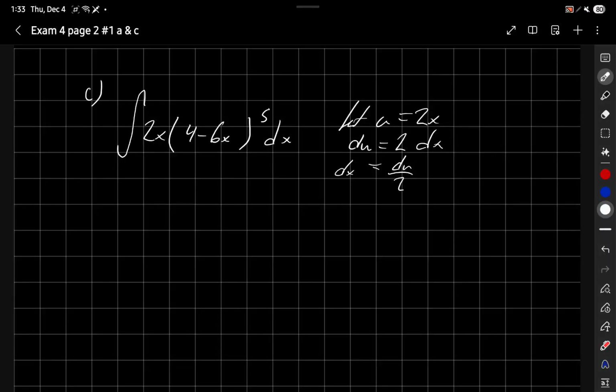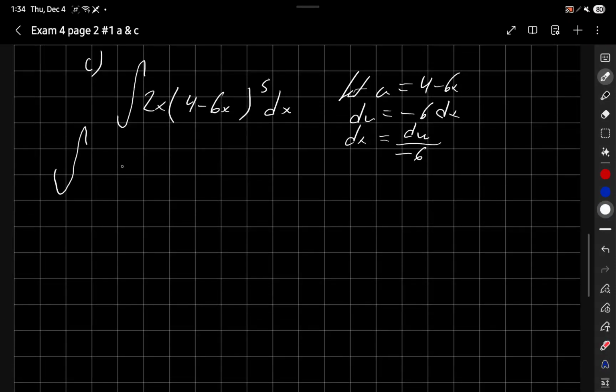Now this doesn't really help because we're still going to have an extra x, and that x is going to be a lot harder to solve than if we just try to solve for this one. So in that case, we're going to let u be 4 minus 6x. du is going to equal negative 6 dx, and then dx is going to equal du over negative 6. Perfect. So let's plug that all in.